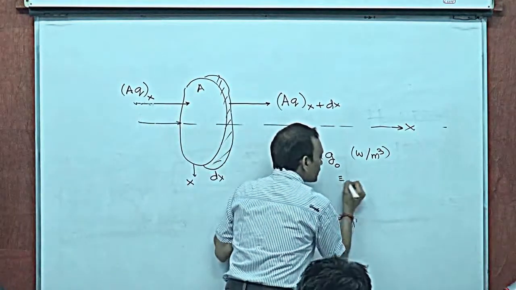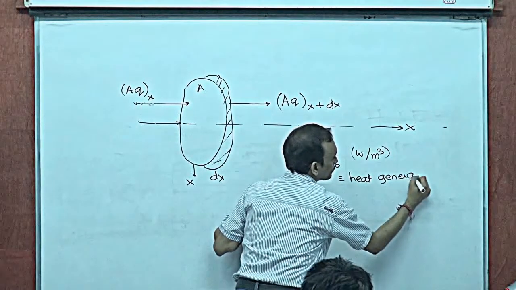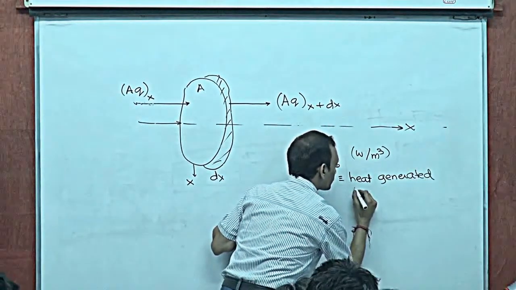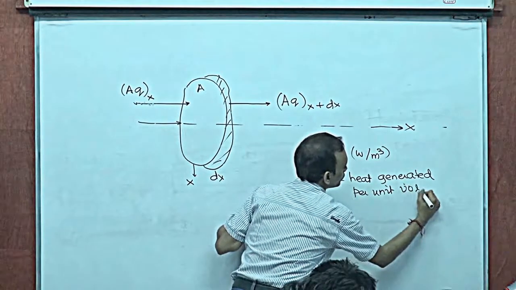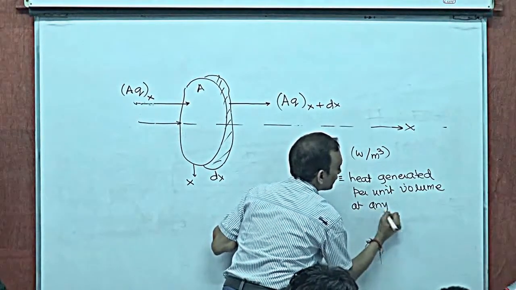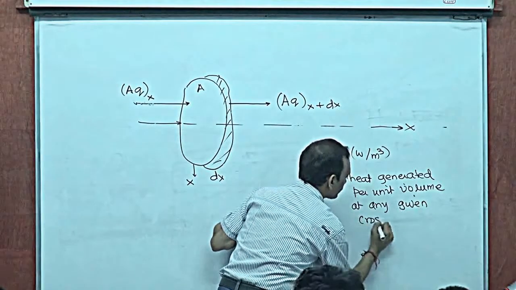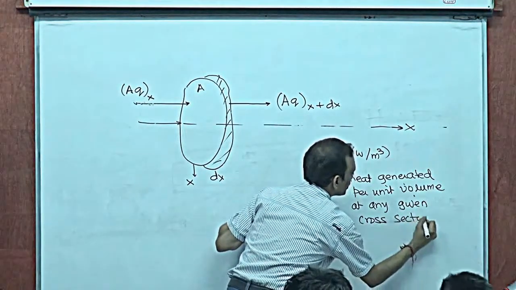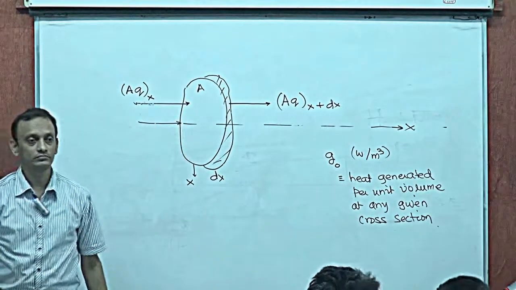This is heat generated per unit volume at any given cross section.